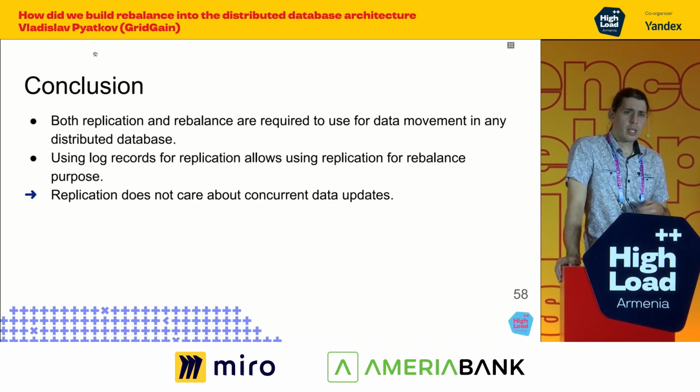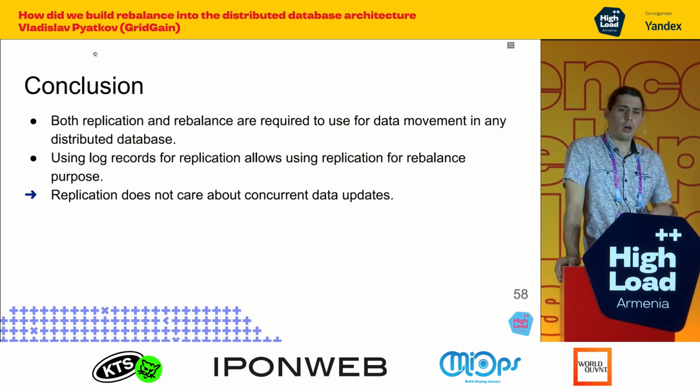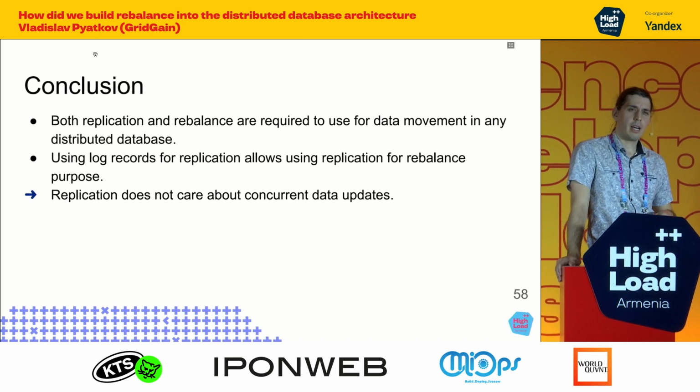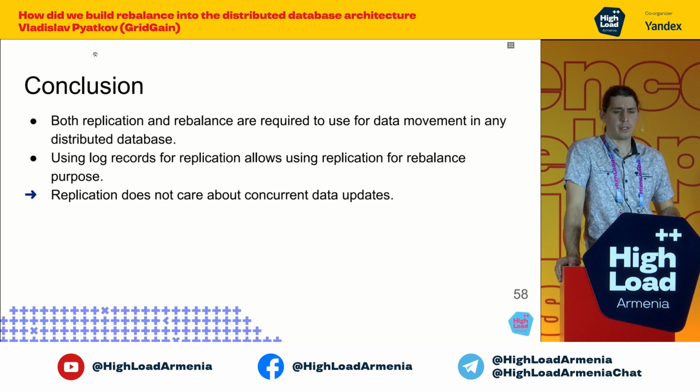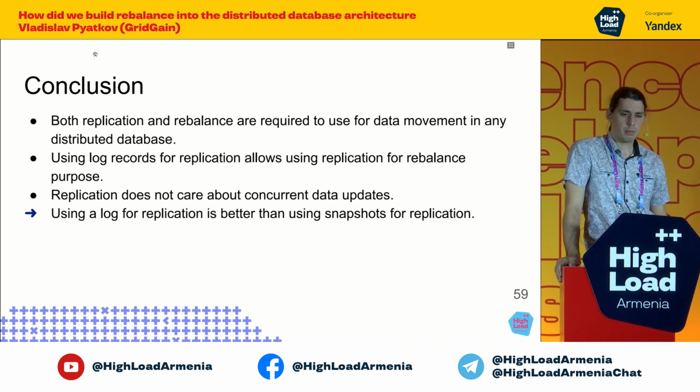And of course, replication based on a log helps us avoid the problem of concurrency when we have a lot of load on the data, and at this time we have a replication from one node to another. I described it before.